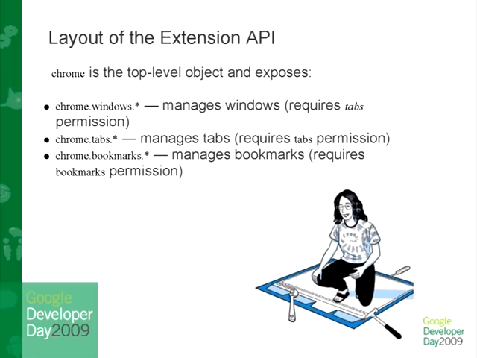Since manipulating windows and tabs are very similar, they have a common permission that they share, and it's called tabs. The next object that we have is Chrome.tabs, and likewise, it lets you do the same thing with tabs and requires a tabs permission in your manifest file. And finally, we have Chrome.bookmarks, which lets you read and write to the user's bookmarks tree, and that one requires a bookmarks permission.